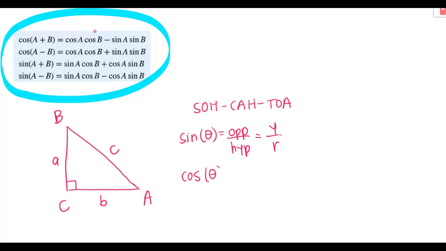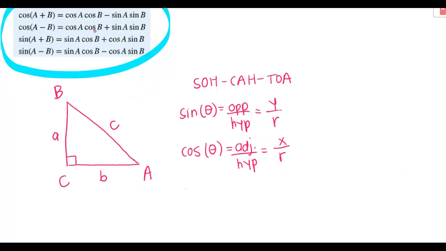Our cosine is adjacent over hypotenuse, or x over r, depending on how the information is provided for you. And then our tangent is opposite over adjacent, or y over x, okay?